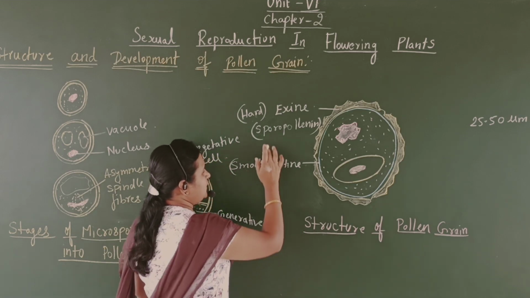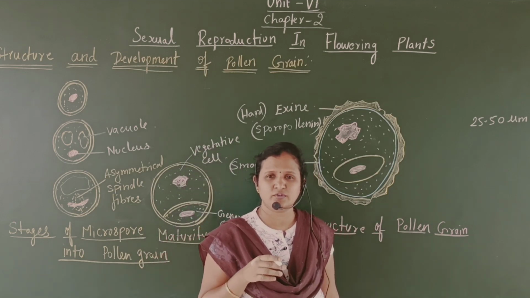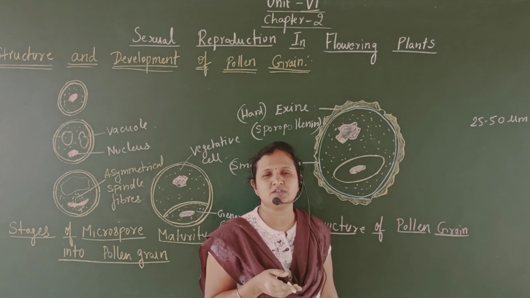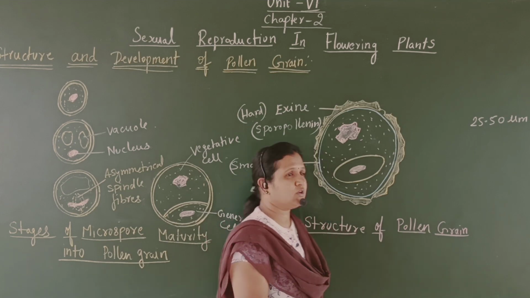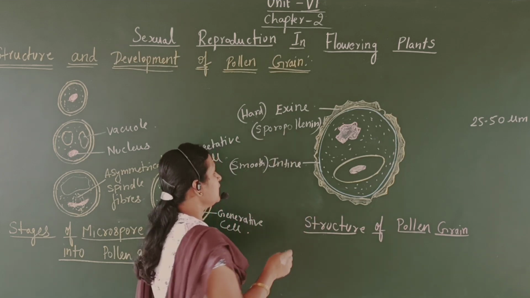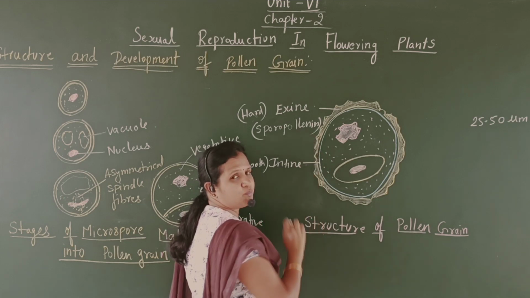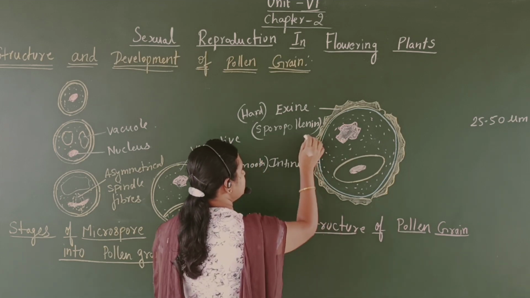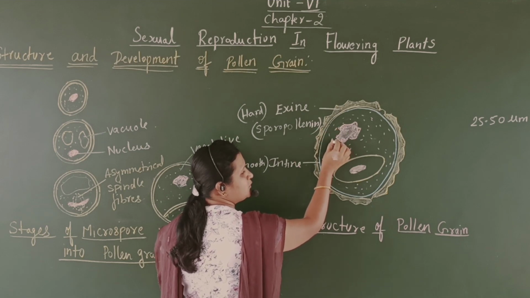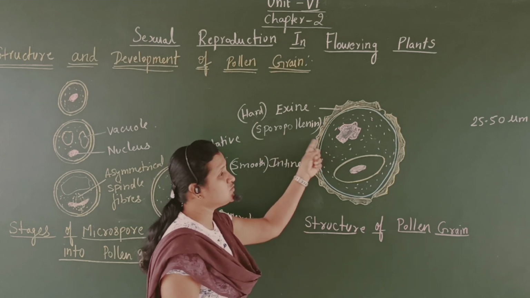Even acids, alkalis, high temperature, pH changes or enzymes cannot destroy the sporopollenin. So it is very, very hard. Because it is so rigid, no materials can enter the pollen grain or come out of it.